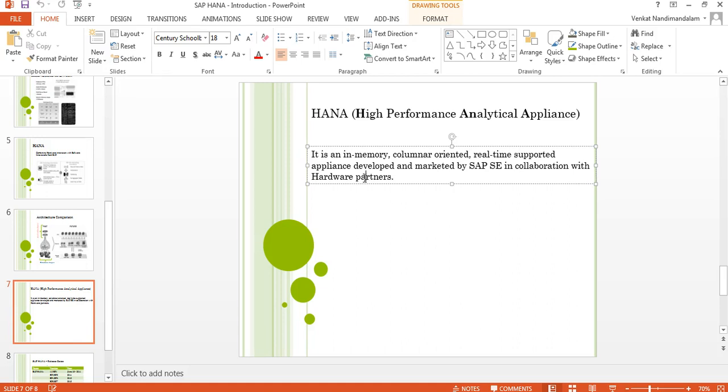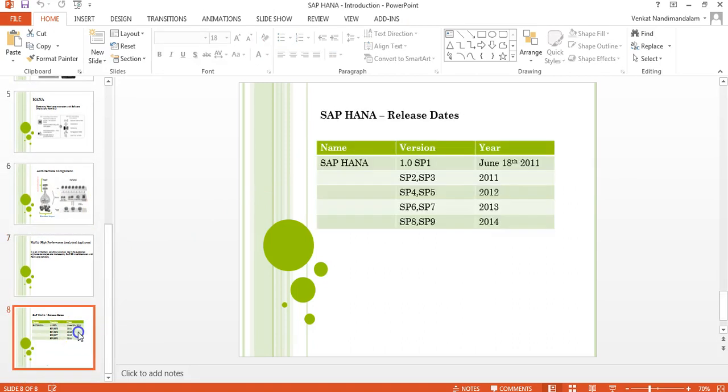Now let's talk about the evolution of HANA, like when HANA came to market and what the current situation is. HANA was released into the market on June 18, 2011. That was the first HANA version released. Until now we have seen 9 service packs for HANA. SP stands for service pack.